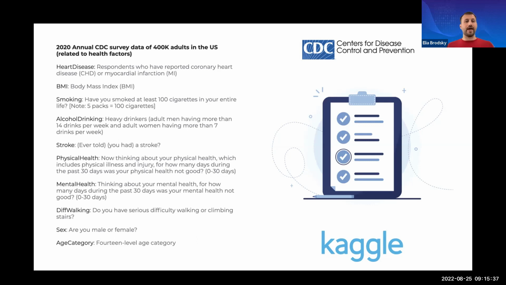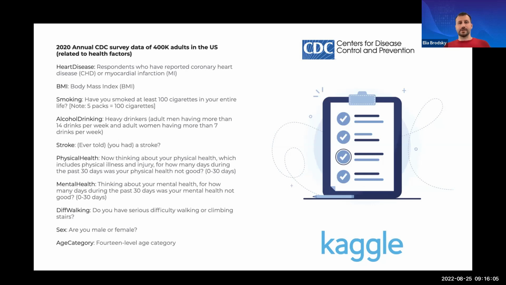Alcohol drinking: heavy drinkers, so adult men having more than 14 drinks per week, or adult women having more than 7 drinks per week, are considered yes for alcohol drinking, and if you have less than that, you're considered no. Stroke is if you ever had a stroke in your life. Physical health, how well you move, but also your physical illness or injury.